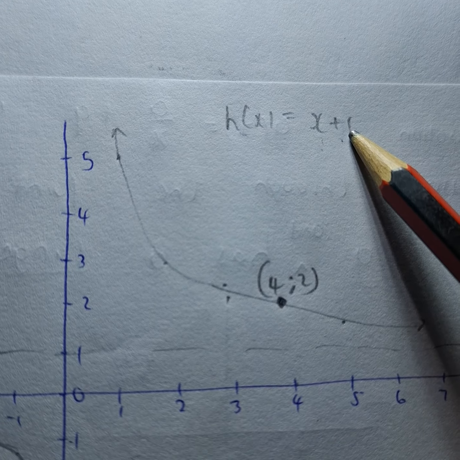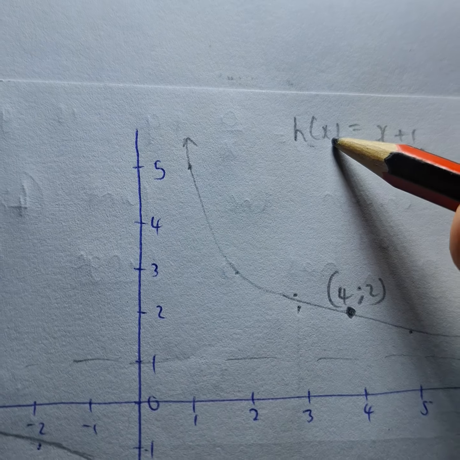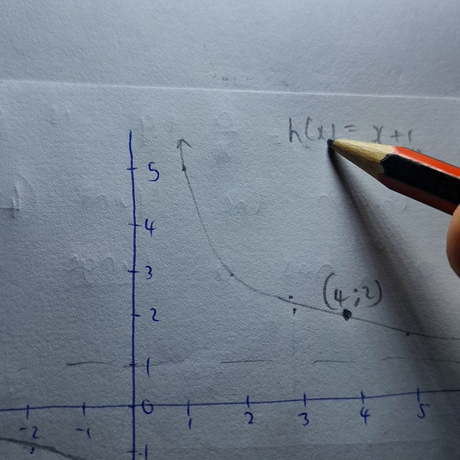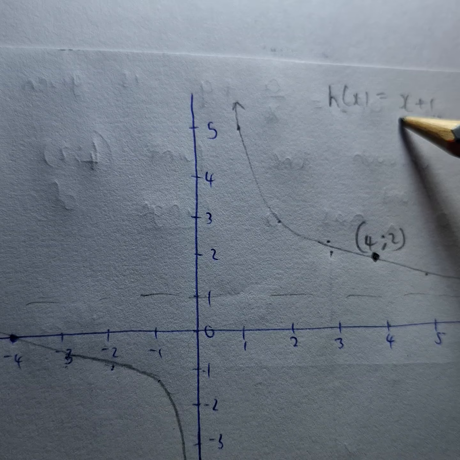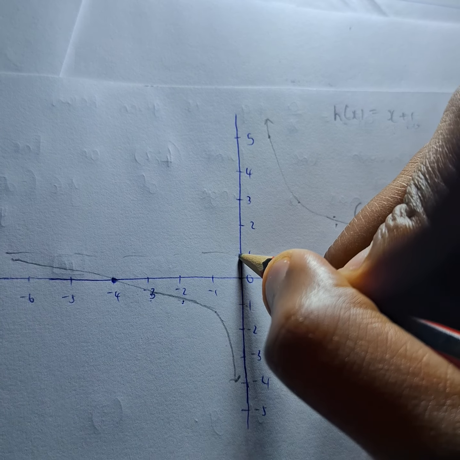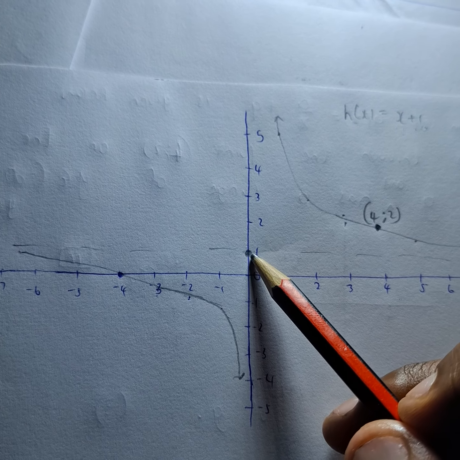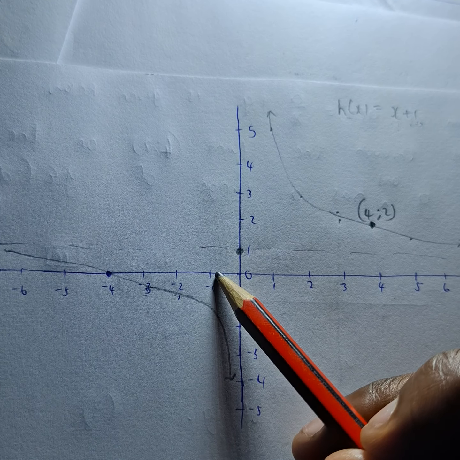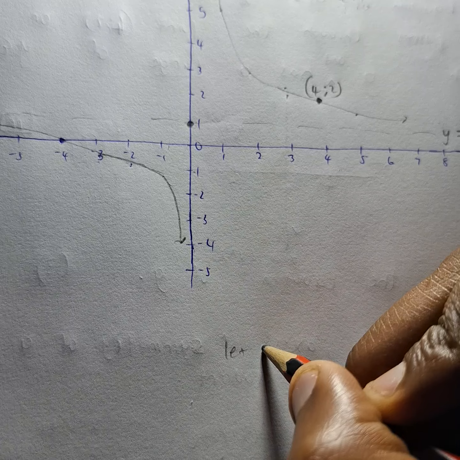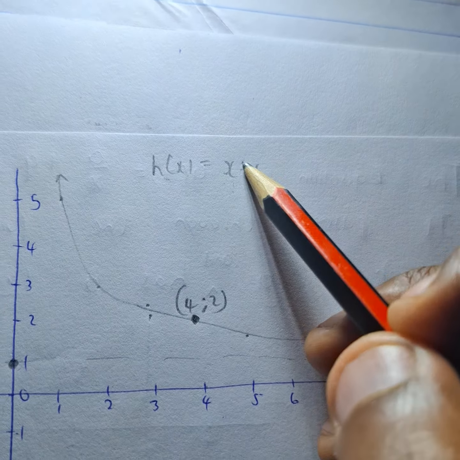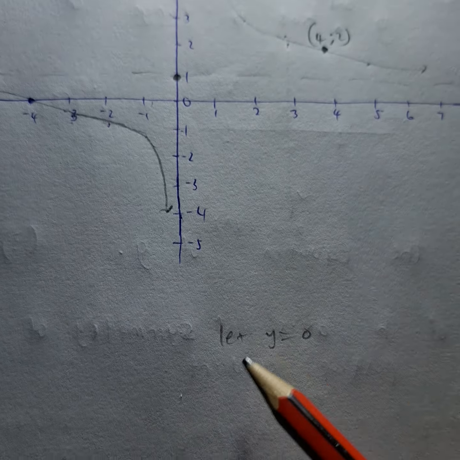So we are going to sketch that on. Remember we need the y-intercept and the x-intercept for this particular axis of symmetry. But remember, we know that the function passes through here. Okay, and then let's find the x-intercept. So let's let y be equal to 0 for this positive axis of symmetry.